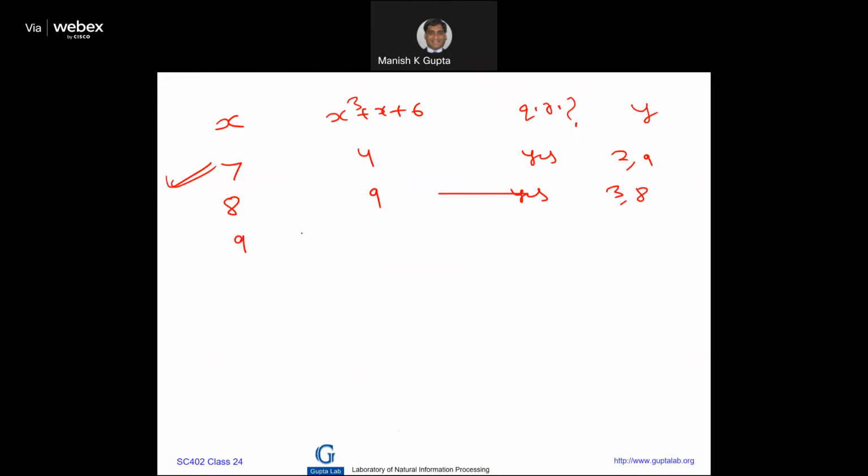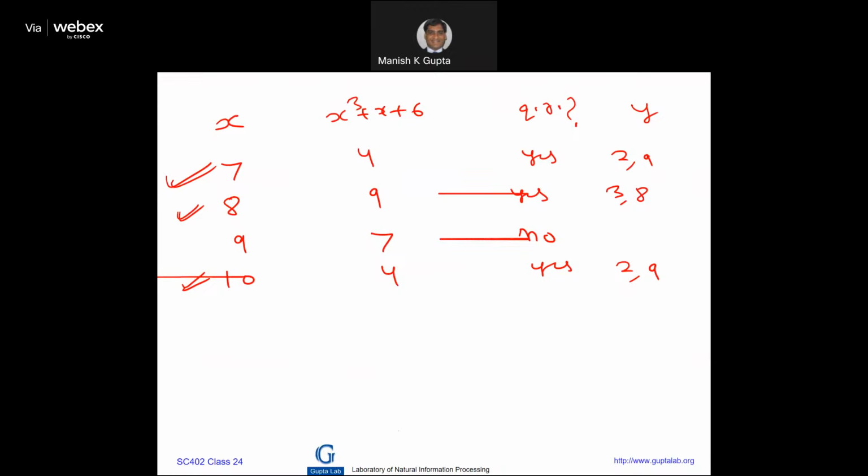If this is 9, so this we need to consider. This is 7, quadratic residue, no. Then we have 10. This value is 4, quadratic residue, yes, value is 2 comma 9. So for each x, I am getting two values in certain cases.